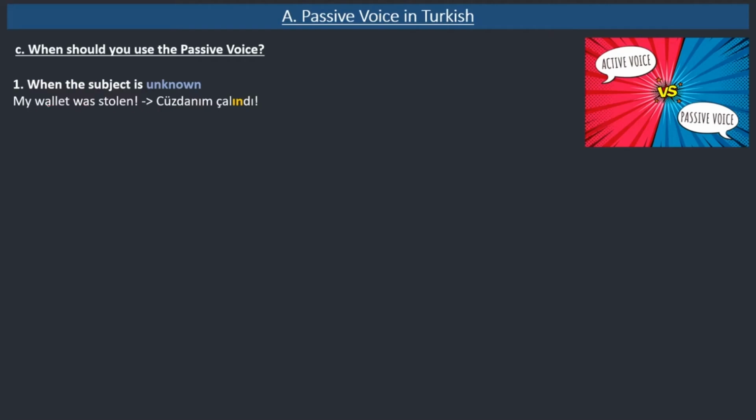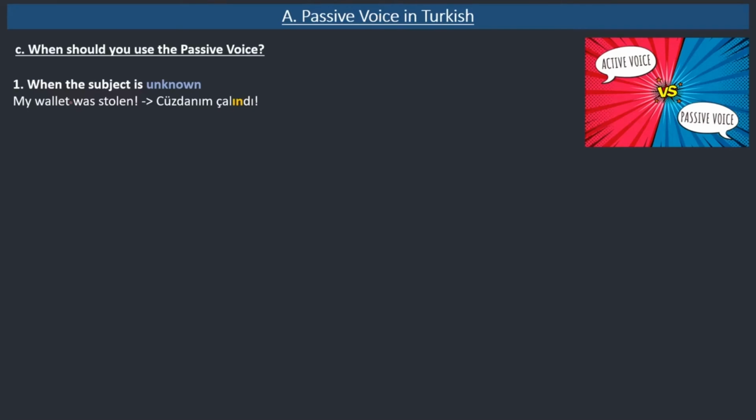So my wallet was stolen. Çalmak, to steal. But I don't know who stole it. Or I don't care who stole it. I am just worried about it being stolen. So yes, the object is the subject.